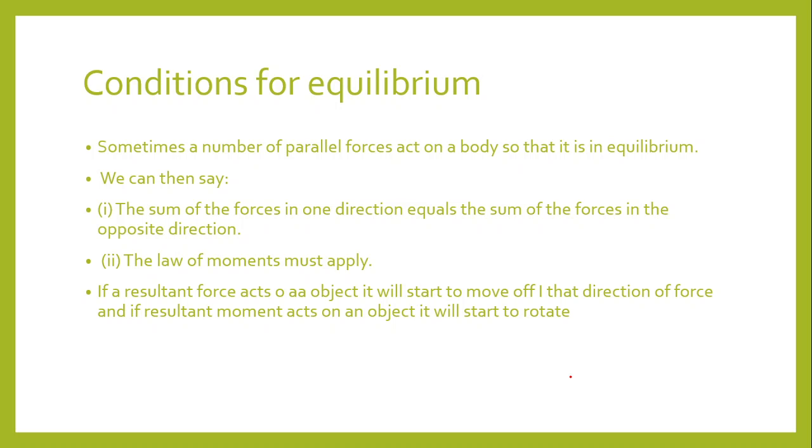So another condition of equilibrium is that the forces in one direction are equal to the sum of forces in the opposite direction. Basically, the sum of the turning effects, as well as the forces, should equal zero. So that's how we know equilibrium.